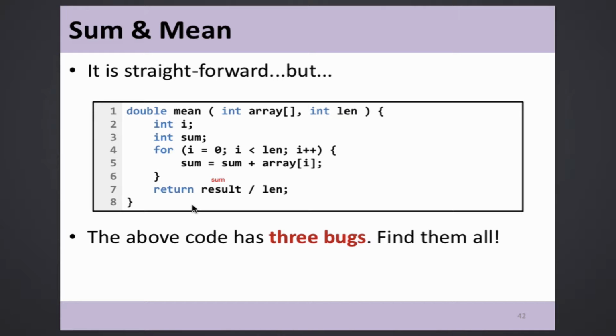The last bug is not about the syntax. Can anybody try? Overflow of sum. Yes, that's the potential bug. While you are doing the sum, when you add, you may have a chance to overflow.